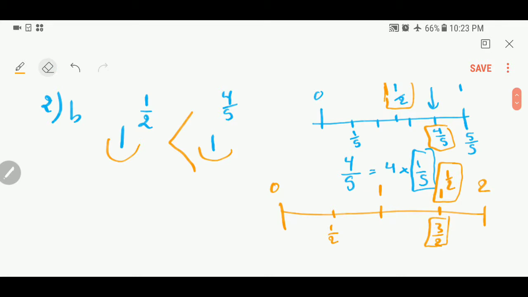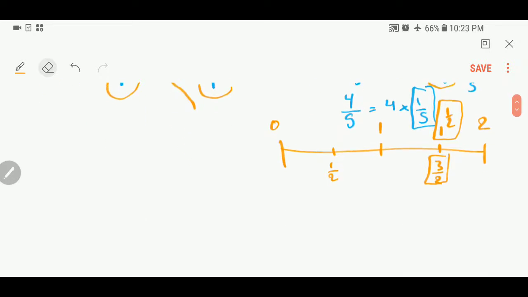Now I'm going to move on to the other, like if they give you 12 over 9. This one you can do like 12 times 1 over 9, and then it's going to be really long to cut the whole segment.